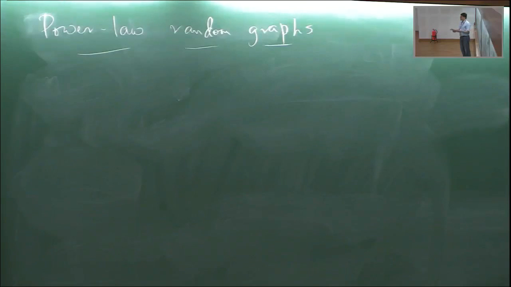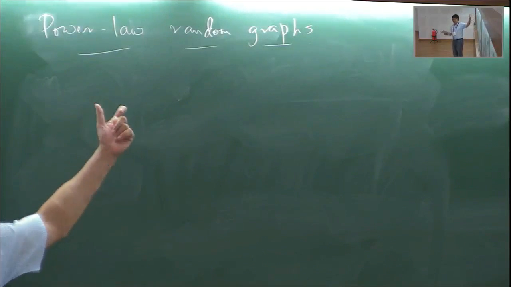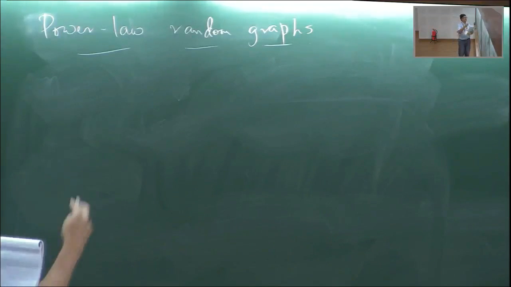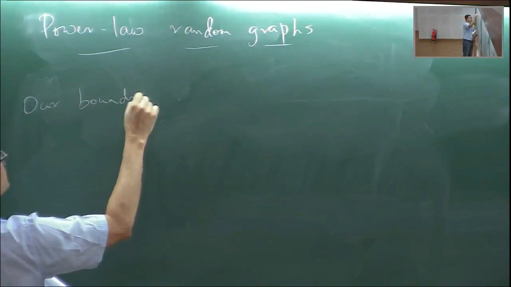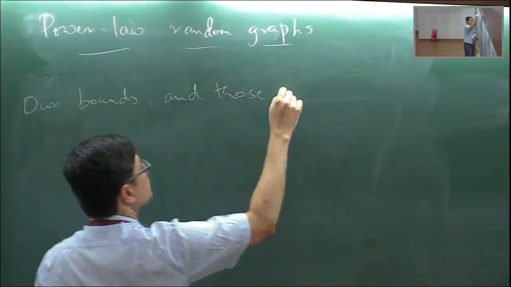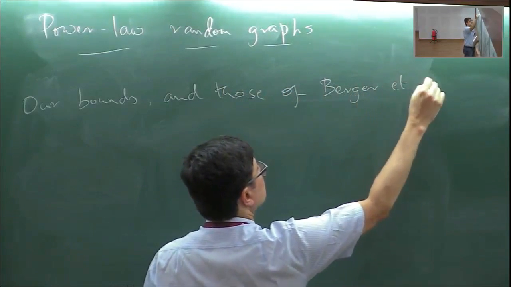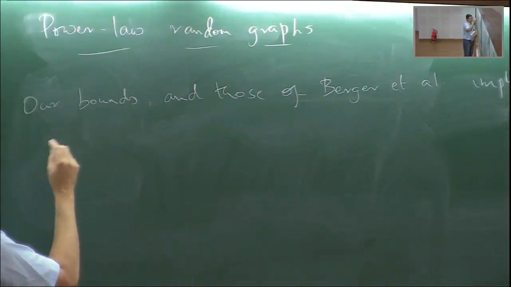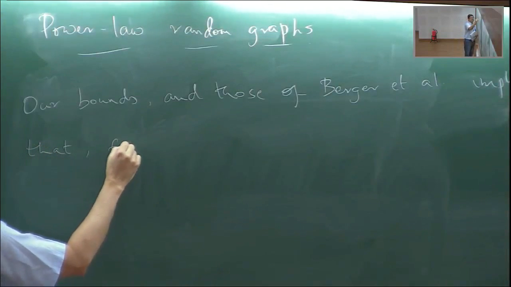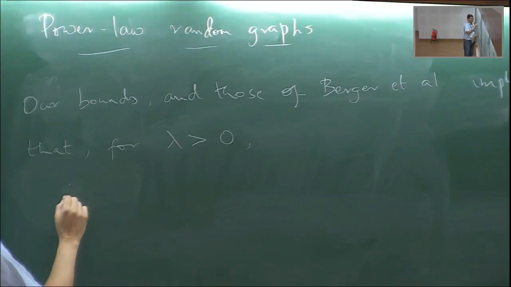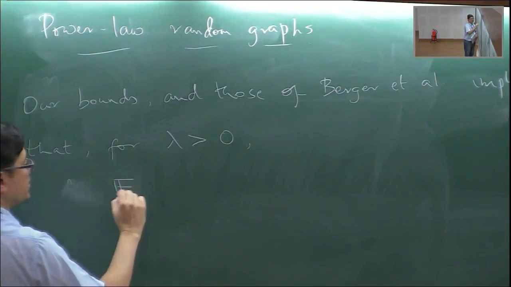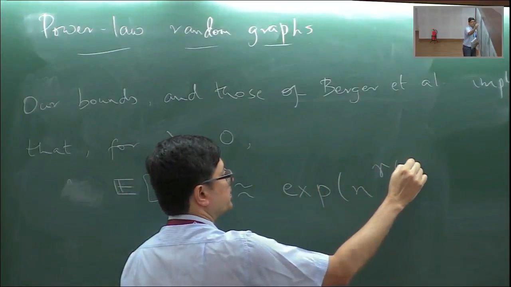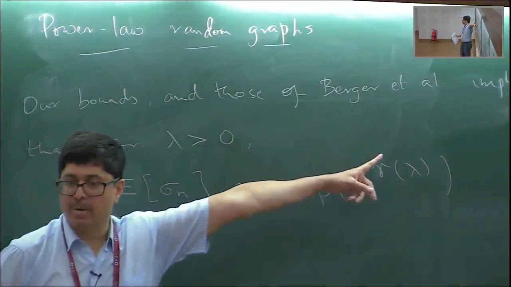If you look at the results that Berger et al. proved, or that we proved, on the epidemic lifetime on the power law random graph, what we showed was that if you fix any positive lambda, then the epidemic lifetime scales like n to some fractional power gamma that depends on lambda.